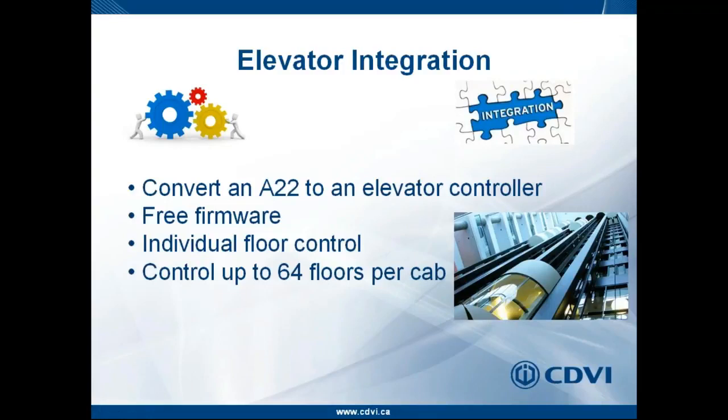We can do a total combined amount of 256 floors. So if I say I have a building with 64 floors, I could do 8 elevators with 64 floors apiece. Now, there aren't many buildings out there that are 64 floor buildings.